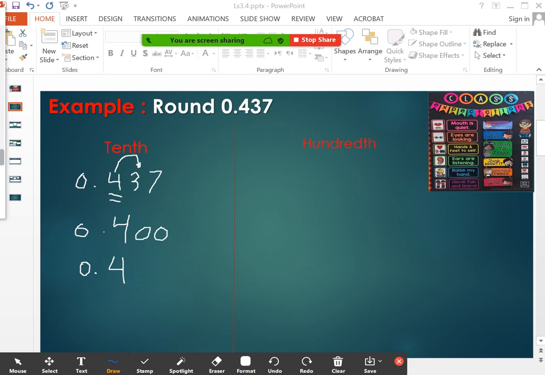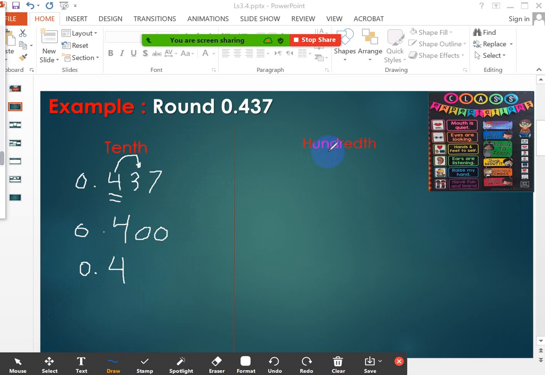Okay? You know that the zeros here have no value. I can write them or I can not. Okay? So the number becomes 0.4. This is if I want to round the number to the nearest tenth.